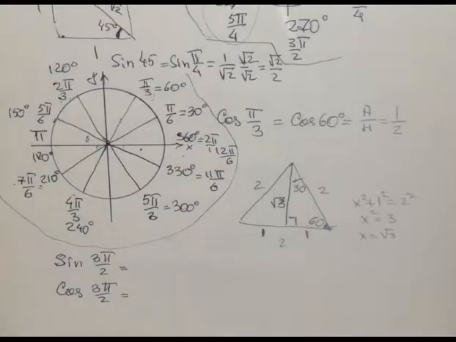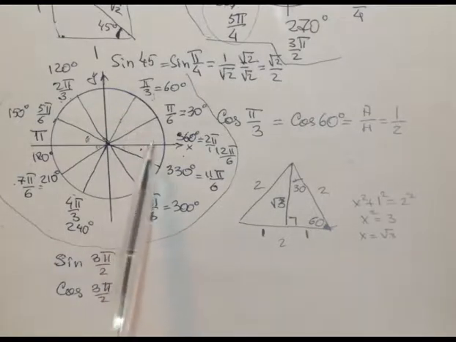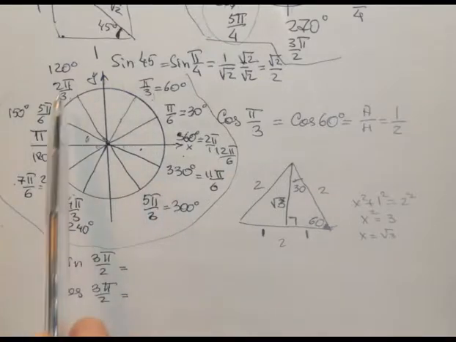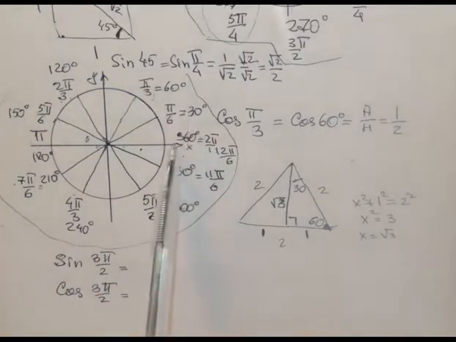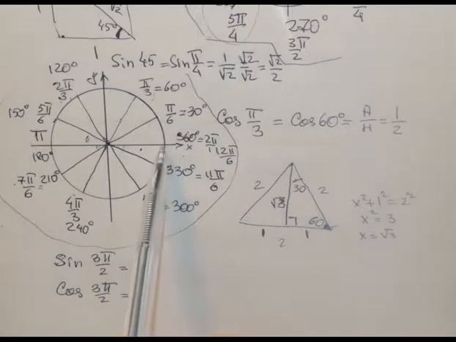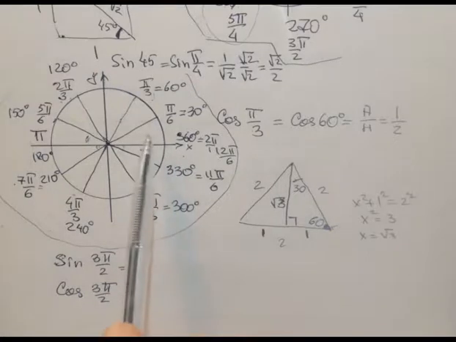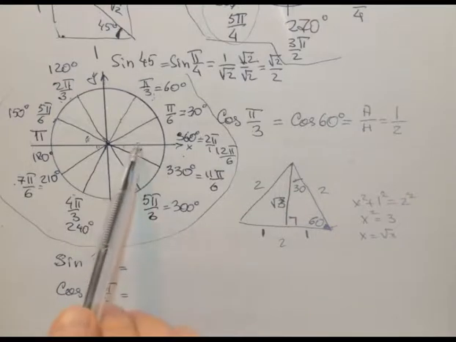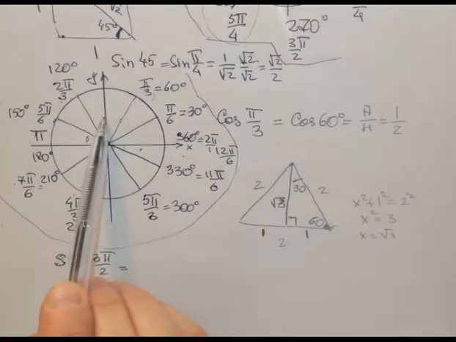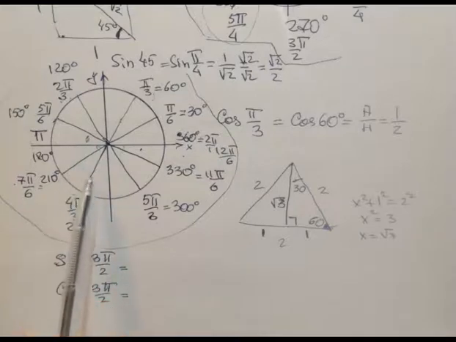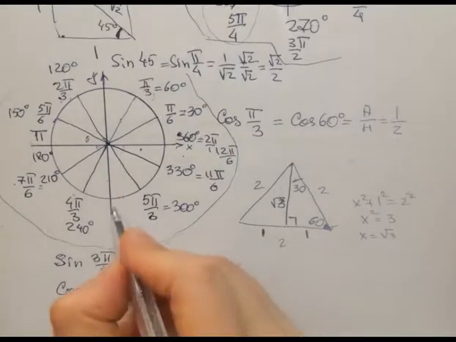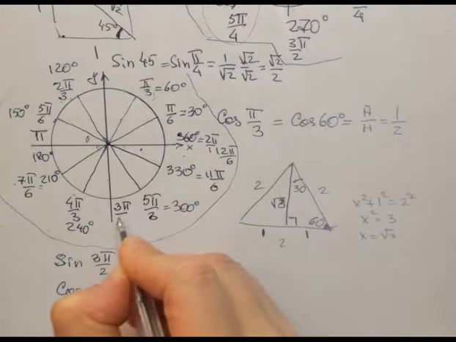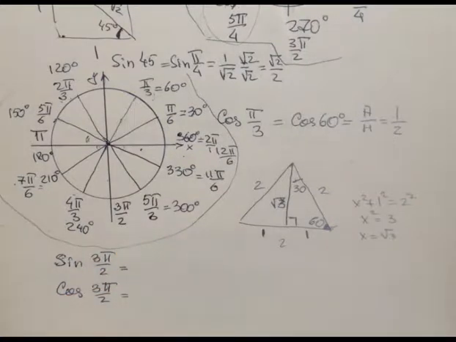And now let us find sine of 3 pi over 2 and cosine of 3 pi over 2. So first let us locate this angle in our Cartesian system. So pi over 2 is 90 degrees, and we have here 3 pi over 2. So 1 pi over 2, 2 pi over 2, 3 pi over 2. 3 pi over 2 is here.